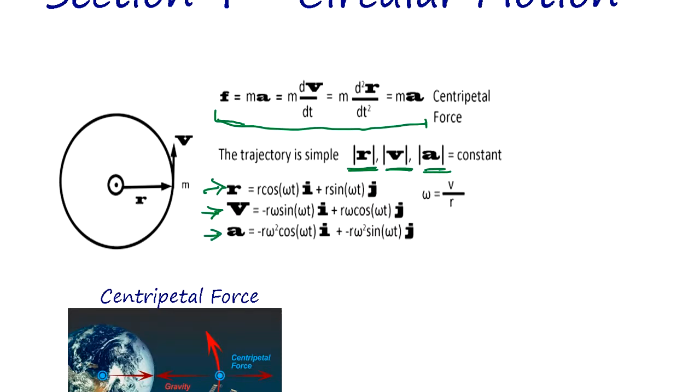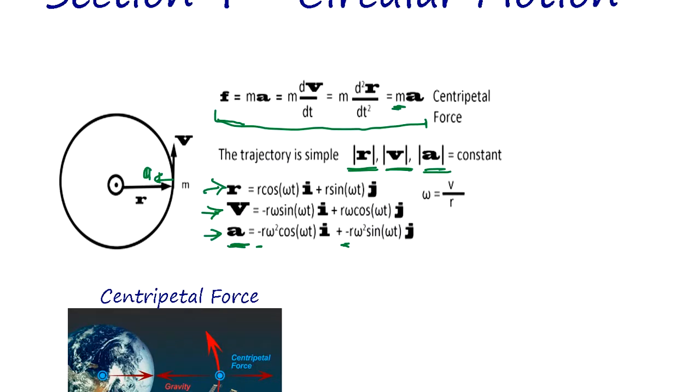Okay, so what's happening is, you look at the vector a, it's going to be opposite of r. So we need to have acceleration a this way, and times m is going to be a force.